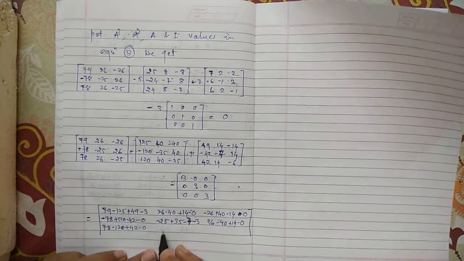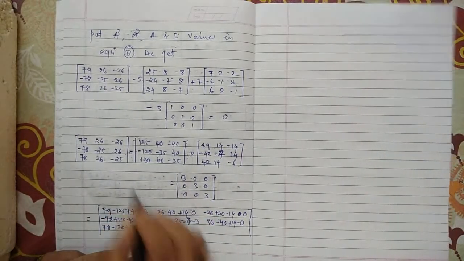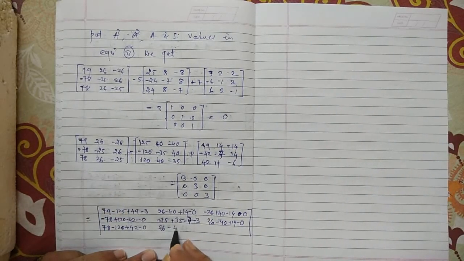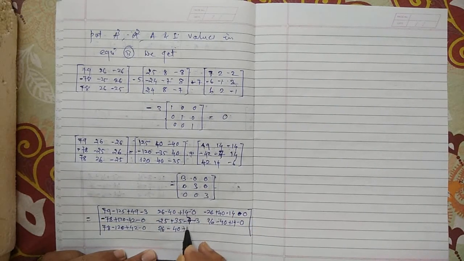Then 26, this is minus 40 and then plus 14, then minus 0.